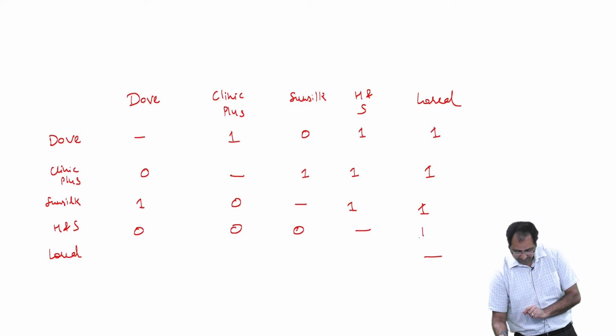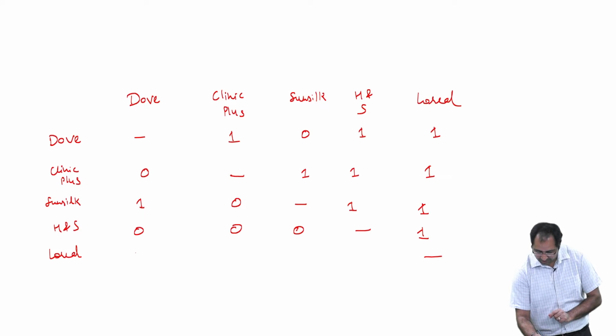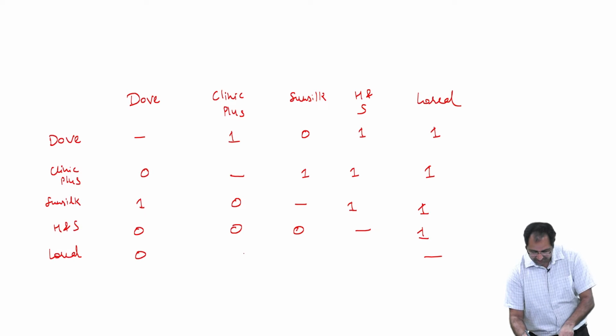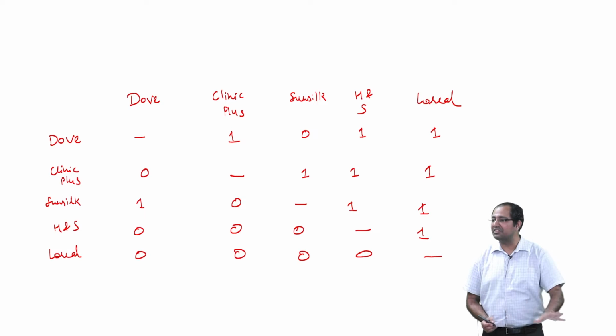In the last row we have already got the answer to everything. Between L'Oreal and Dove it was L'Oreal, so 0. Clinic Plus and L'Oreal we had 0. Sunsilk 0, 0. So we got one respondent's answers here.